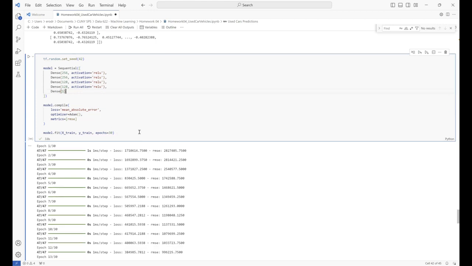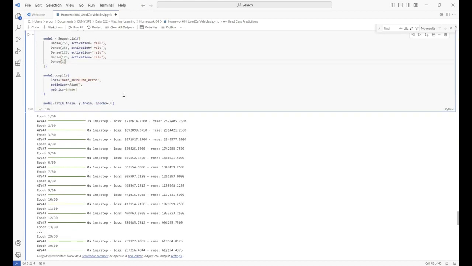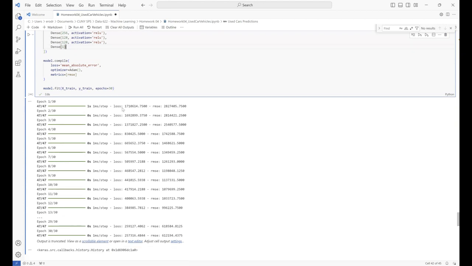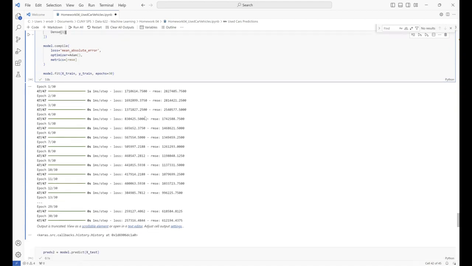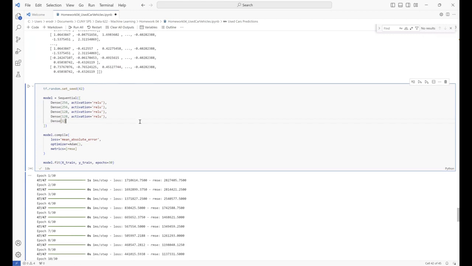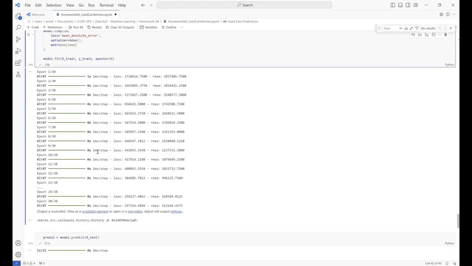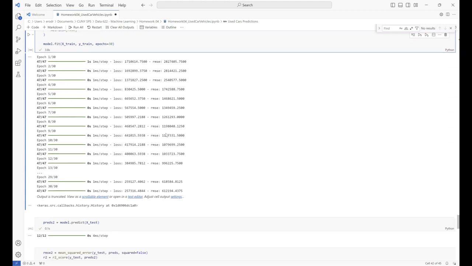And then we ran the model for 30 epochs. We definitely could have ran that a little bit higher, and I played around with it a little bit and saw that I got better results. But for the purposes of this class, just to demonstrate the use of the neural network algorithm, I left it at 30 epochs so that it didn't take up too much processing power.